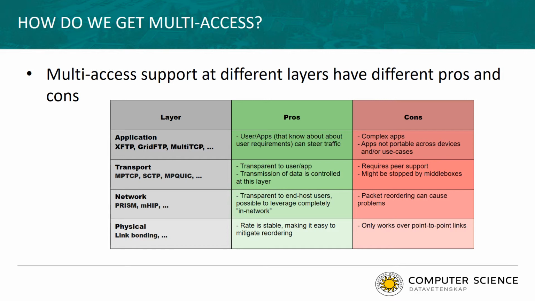That can cause problems both for the transport layer or for your application. And finally, you may work at the data link or physical layer. Here it is maybe easier to handle the reordering issue because your rate is stable and you can schedule your traffic and ensure that your link delivers your packets still in order. But of course, this only works on a point-to-point basis over a single link.